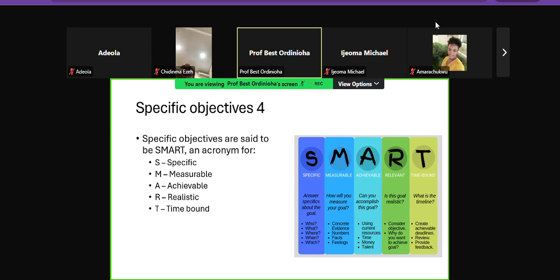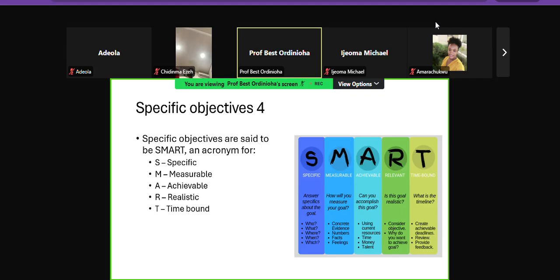So we like our studies to be based on these specific objectives and not the research questions. So as we said, the specific objective should be SMART, and SMART is an acronym: S is specific, M is measurable, A is achievable, R is realistic, and T is time-bound. So you have to make sure that your objectives are SMART.